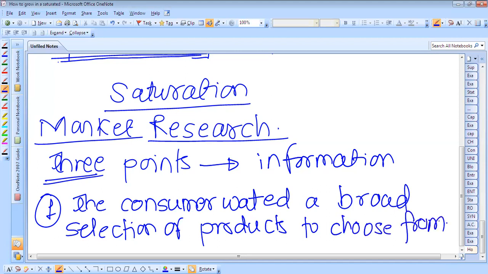That means the selection should be broad. If we have to go for the selection of products, and the product is from one company, or one company is manufacturing only one product having the same design, then we cannot say there is a broad selection of products.